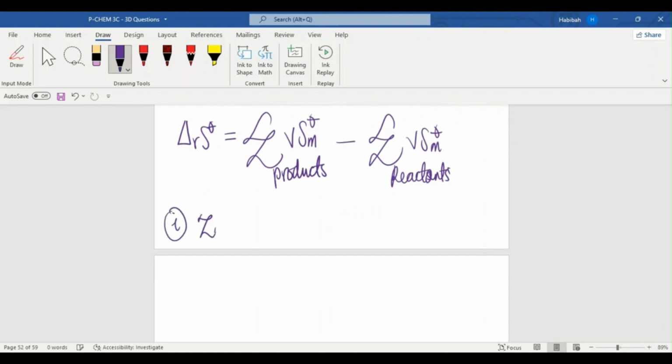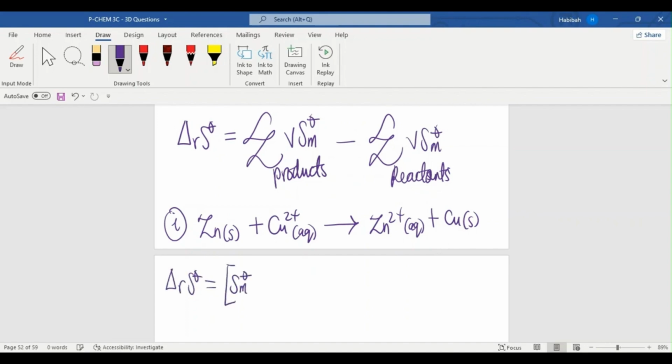We're told that zinc solid plus Cu2+ aqueous would give you Zn2+ aqueous plus Cu solid. Now, from this, we can apply what we know from what I've said. Now, the standard reaction entropy is just going to be simply the molar entropy of the products. So the first product in this reaction is Zn2+.